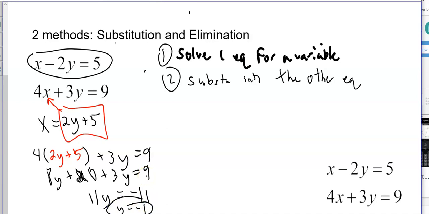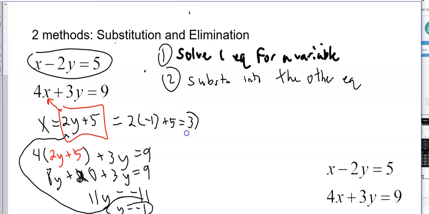You're not done with the problem. You've got to plug that back in to get x. I would plug it back in right here, because we've already got this one solved for x. So this will be 2 times negative 1 plus 5. That's negative 2 plus 5, which is 3. So our answer is going to be the ordered pair 3 comma negative 1.